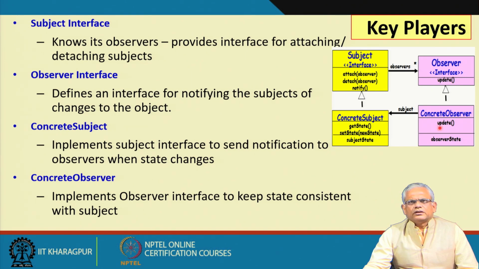And then the observers can update themselves based on the notification. So, there are 4 classes: the subject interface and the observer interface. These help to decouple the concrete subject and the concrete observer from each other.